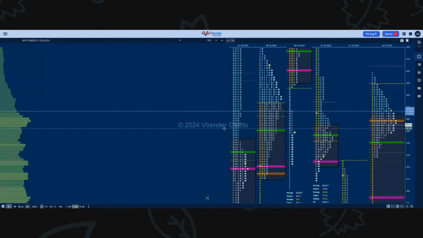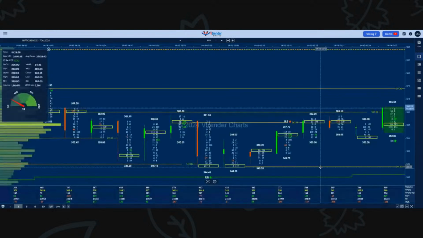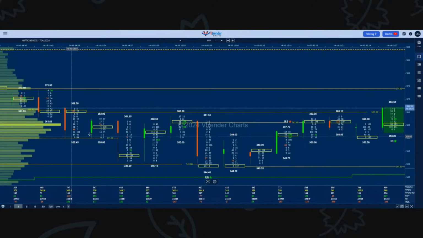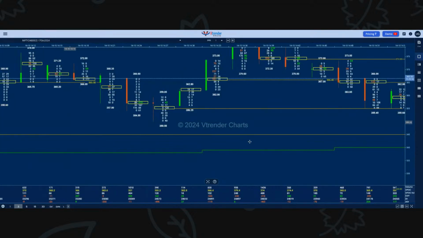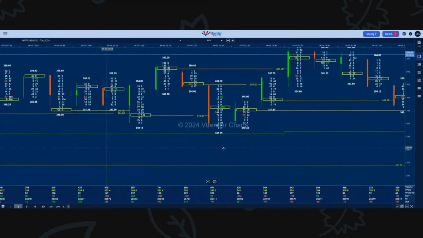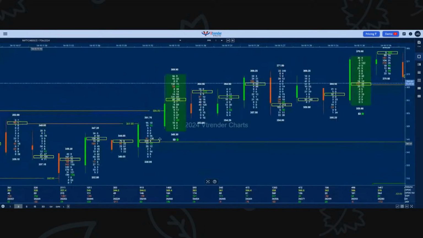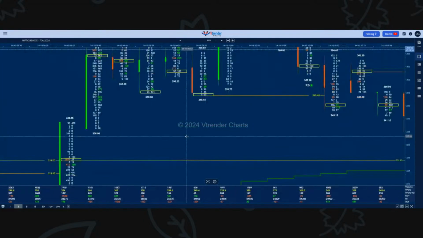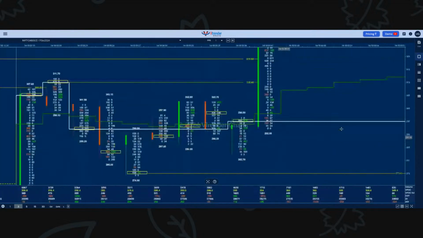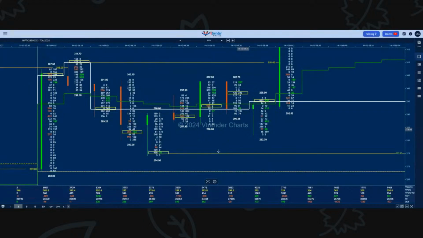So let's start with the 24,800 and see what the signals were in order flow from the start. I'll just switch it to the starting of today so that we can see what the signals were and what trades we could have taken based on what we saw in Nifty futures.